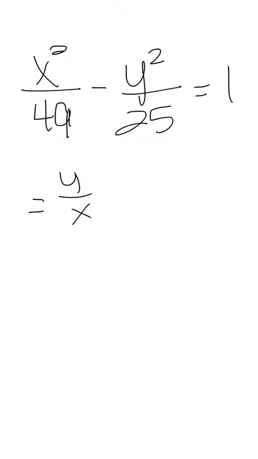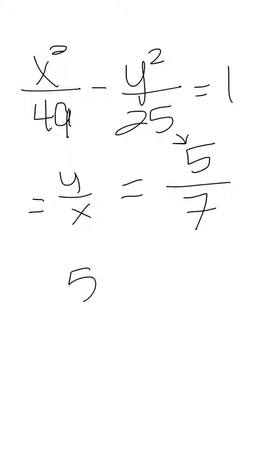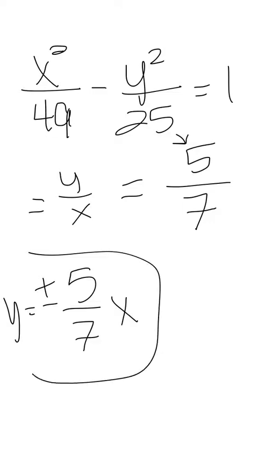So we know that our y value, or our b value, is 5, because that's the square root of 25. And our other value is 7 under our x value. So our slope will be 5 over 7. And this will be a linear line, so it'll be y equals plus or minus 5 over 7 x, and that'll give you your asymptotes.